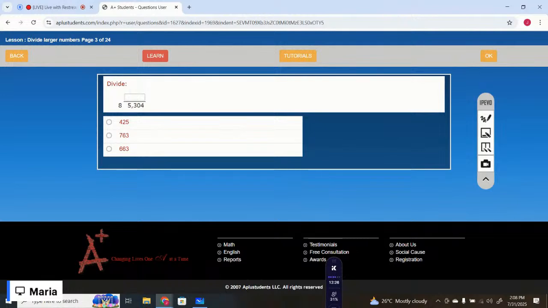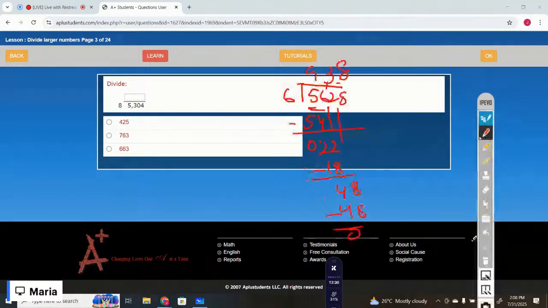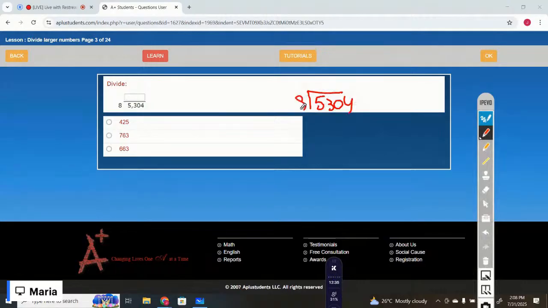Okay, the next one is 5,304 divided by 8. 8 times 6 is 48. 49, 50, 51, 52, 53, 54, 5. Now let's bring the next digit down. Again, we can go for 8 times 6 is 48.